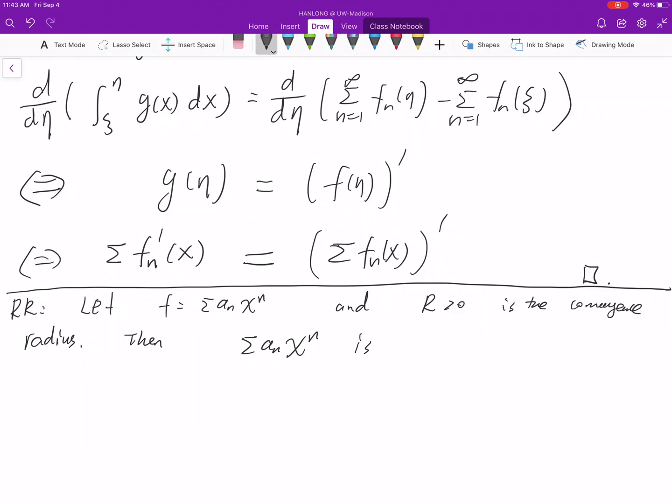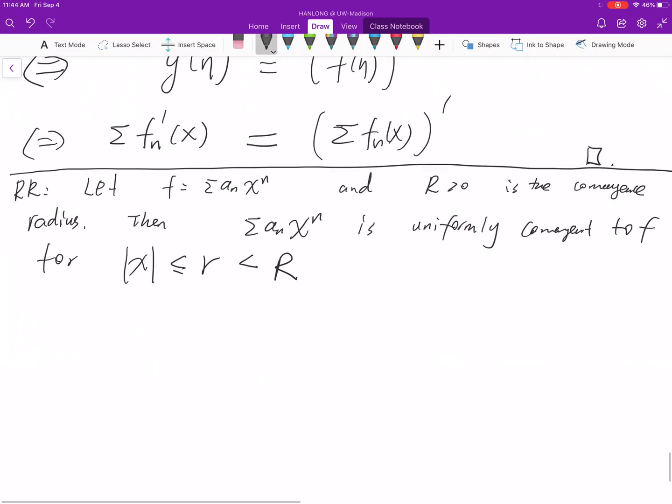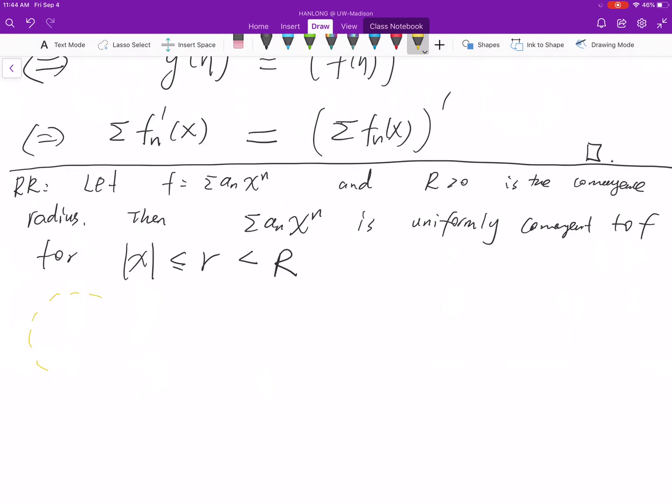The series is uniformly convergent to F for |x| less than r, small r, strictly less than capital R. So if you draw a picture, suppose this is the convergence radius, then in any smaller disk the convergence is uniform.